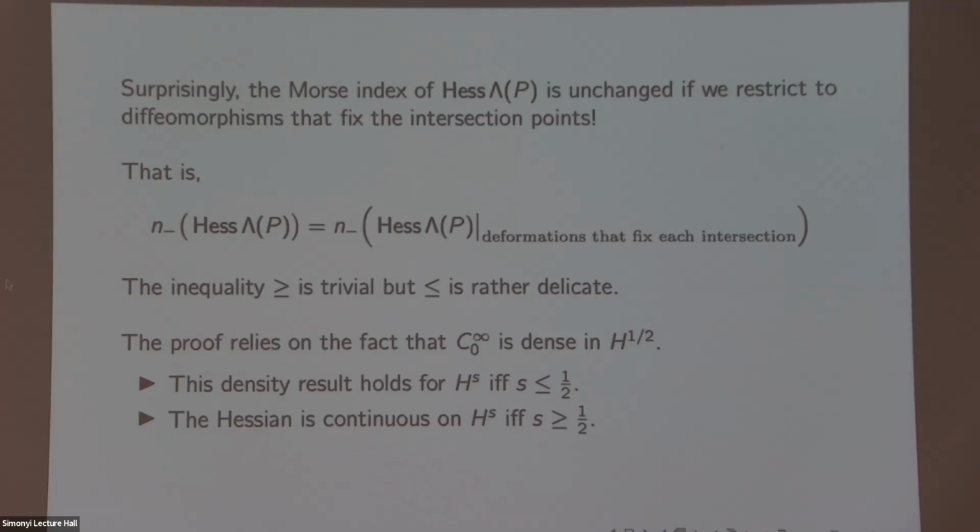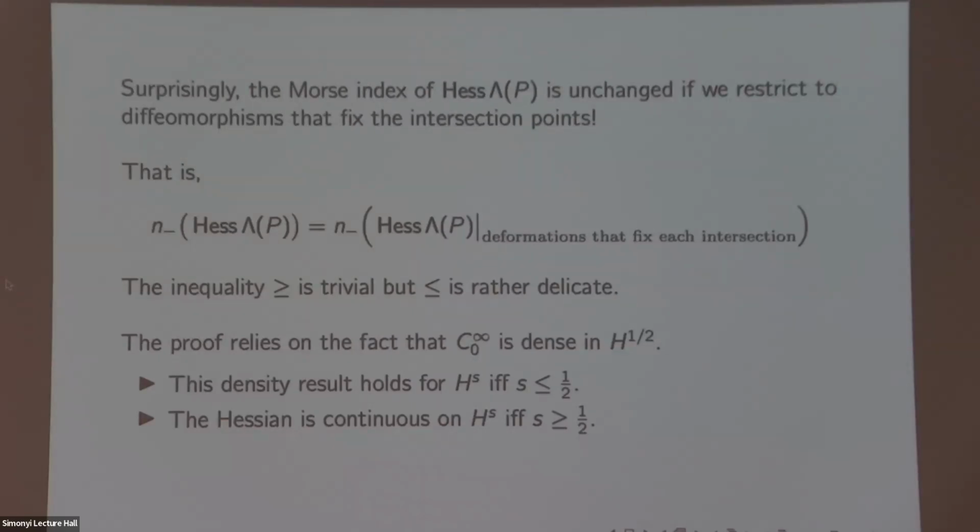So a consequence of that is if I look at the Hessian, so the second derivative of my energy functional, this tells me if I have a minimum or a saddle point, I want to calculate the Morse index of the Hessian. So what's the Morse index? It's the maximal dimension of a subspace where this Hessian is negative definite.